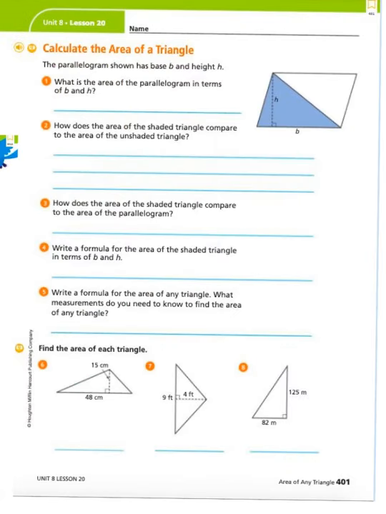So on page 401A, you realize that two acute triangles make a parallelogram. You also learned that two obtuse triangles form a parallelogram. Did you know that two right triangles, and a right triangle would be one that looks similar to that, it's that 90-degree, mine's not perfect obviously, form a rectangle?